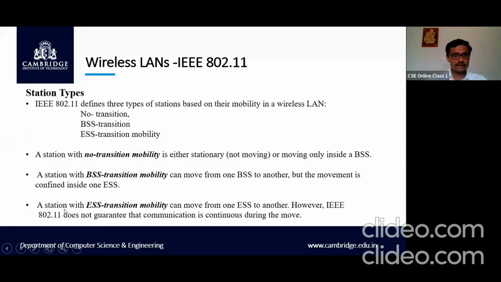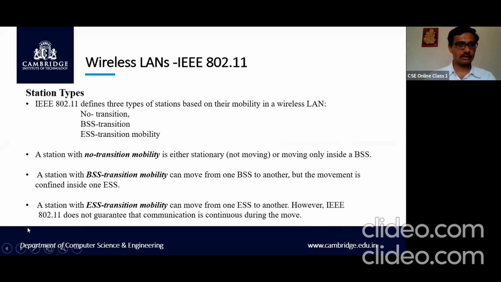The third one is ESS transition mobility. A station can move from one ESS to another one. Again, if it moves from one ESS to another ESS, you'll have a communication continuity problem here.